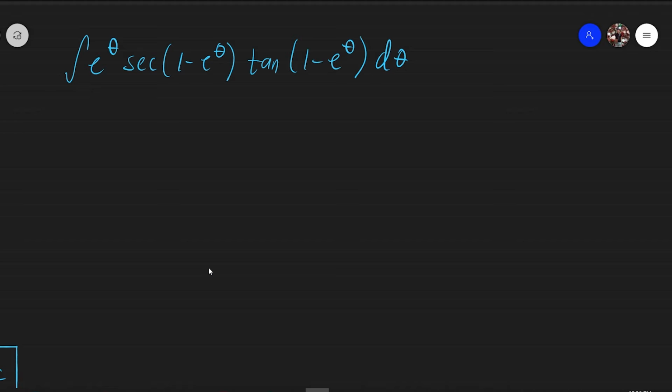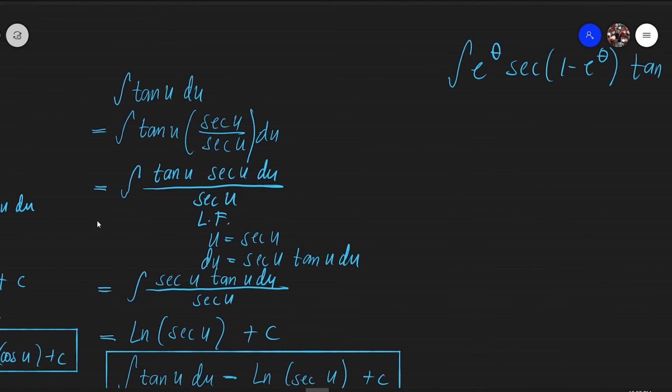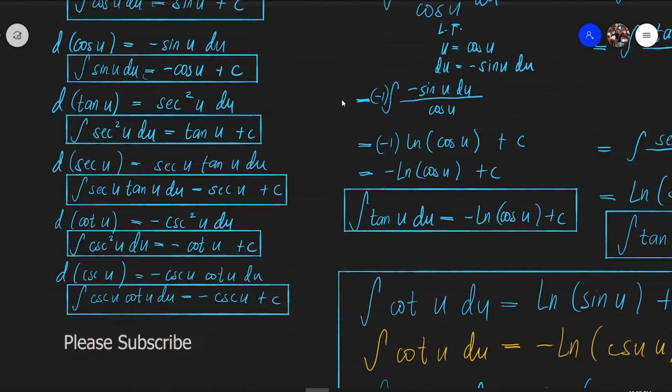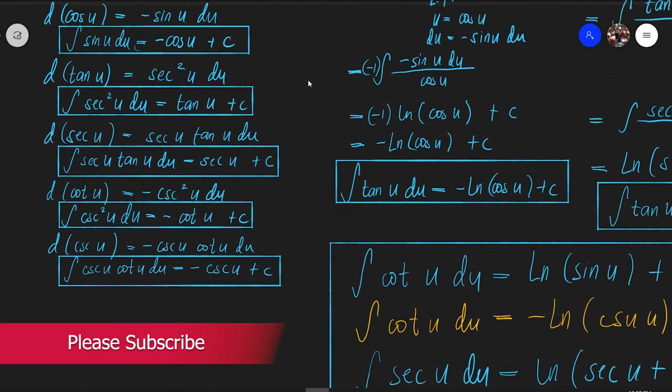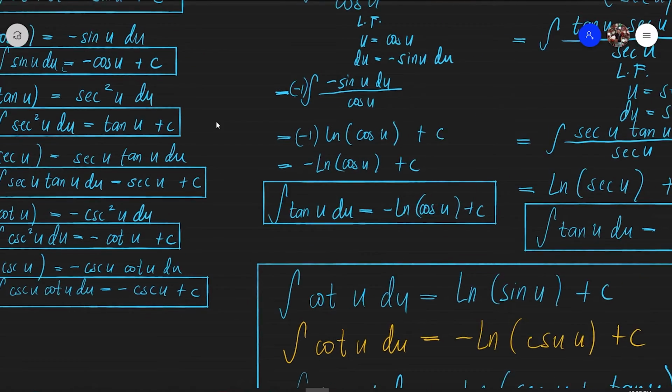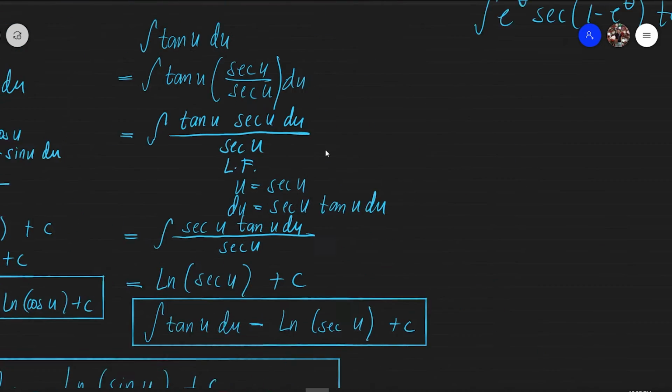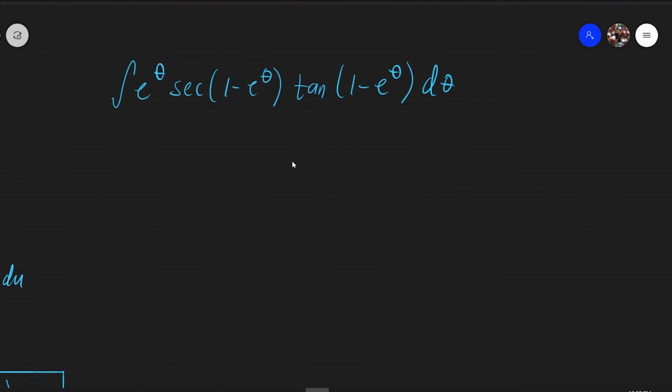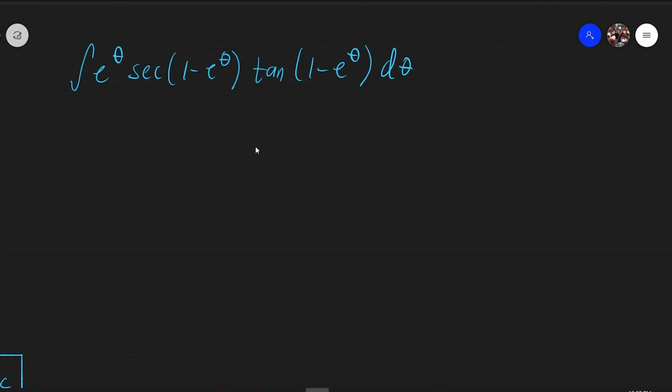There is a formula for this combination of secant and tangent. So you can directly apply the trigonometric function formula here.